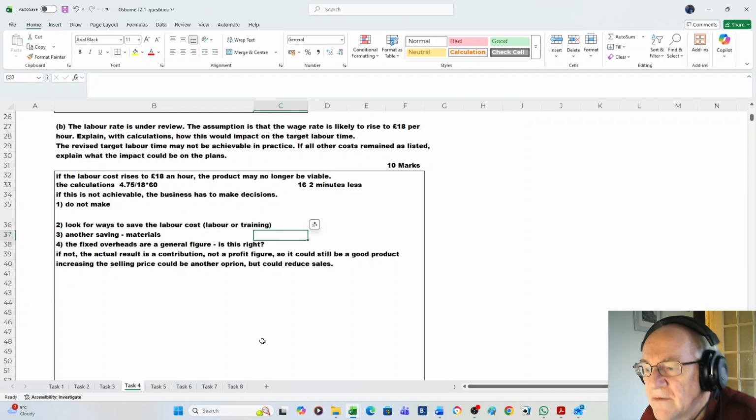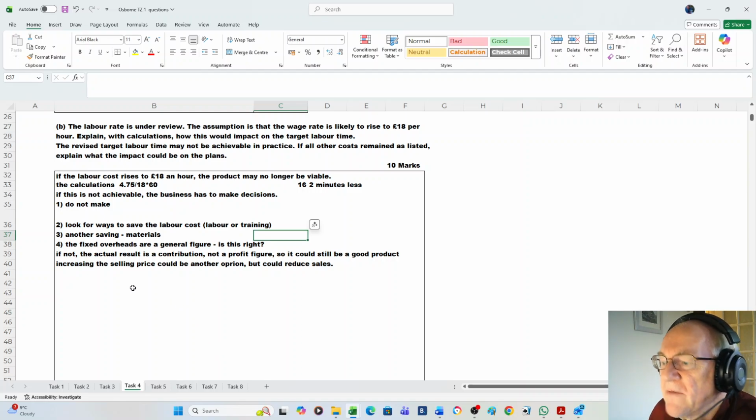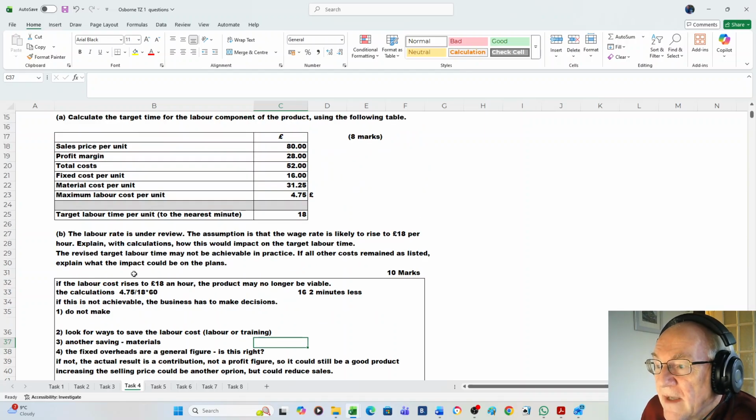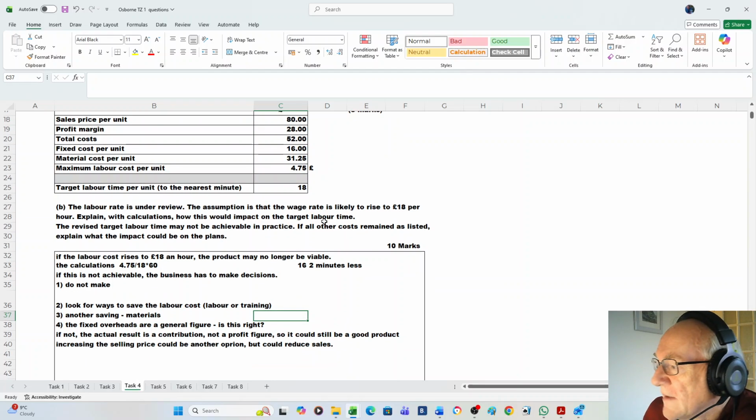Some kind of material saving, and obviously the fixed overhead is a genuine figure. Is it right? It may be that if it's £16 per unit, if that was £14 per unit, then suddenly they're fine. They're okay on £18 an hour.